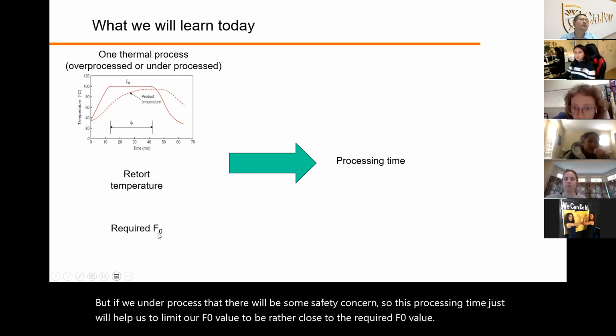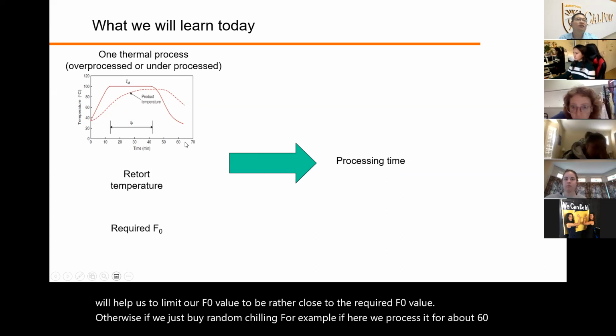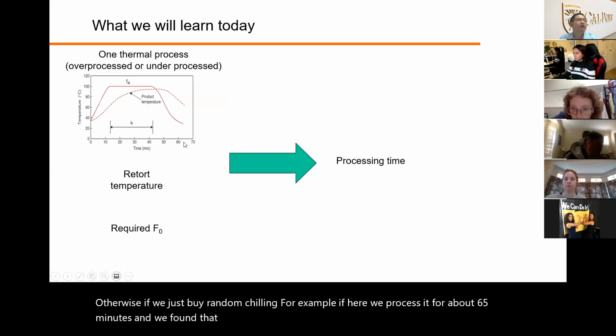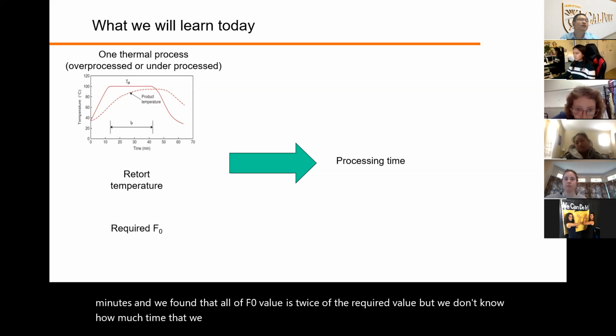Otherwise, by random trialing, for example, if we process it for about 65 minutes and found that our F0 value is twice the required value, we don't know how much time we should run instead to reduce the F0 value to close to the standard value.